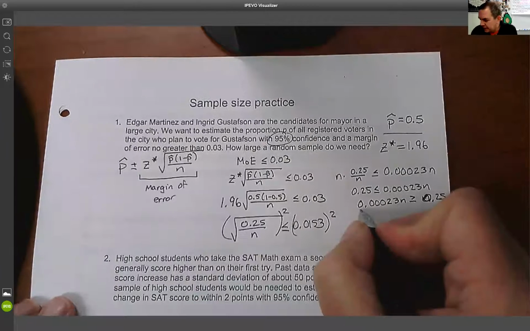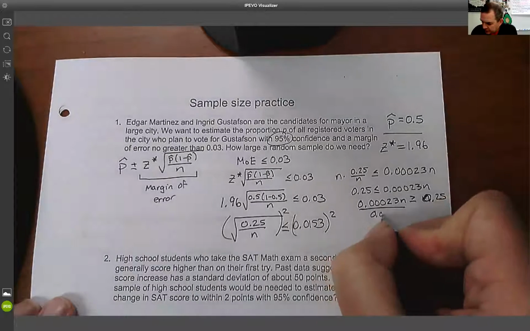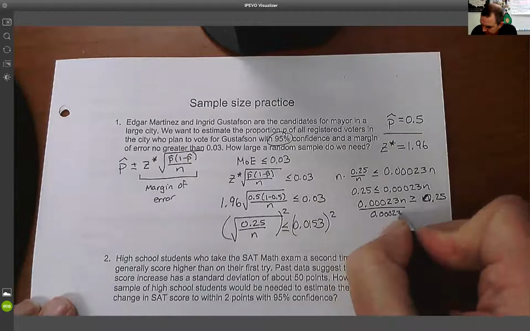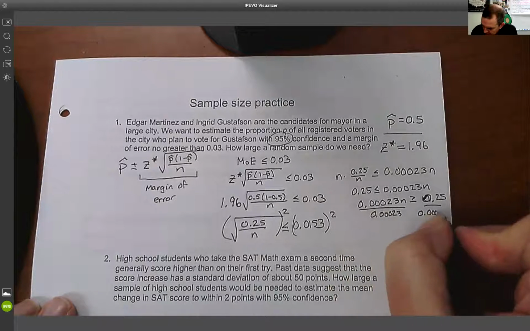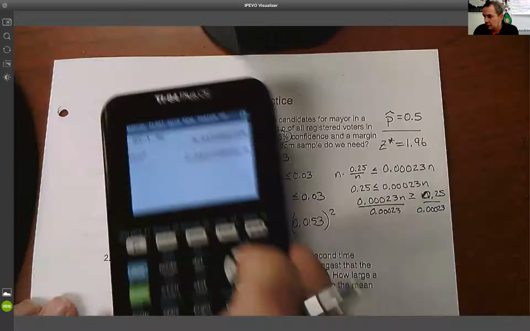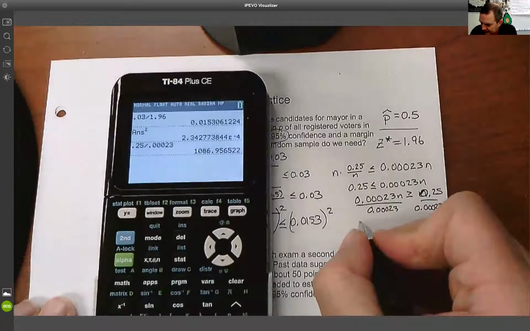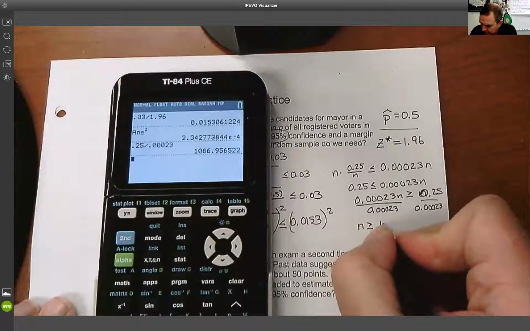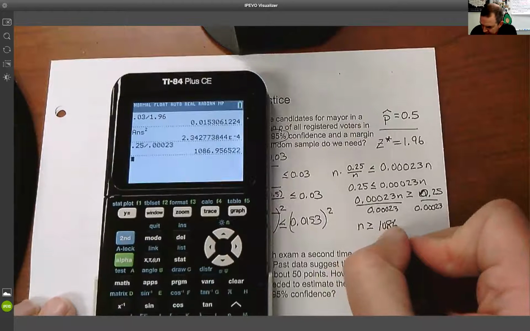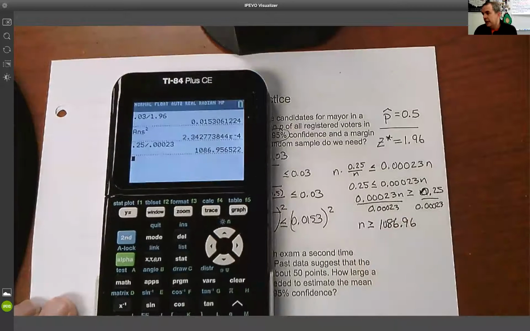To solve for N, I'm going to divide both sides by 0.00023. So 0.25 divided by 0.00023, and that's going to give me N needs to be greater than or equal to 1086.96.